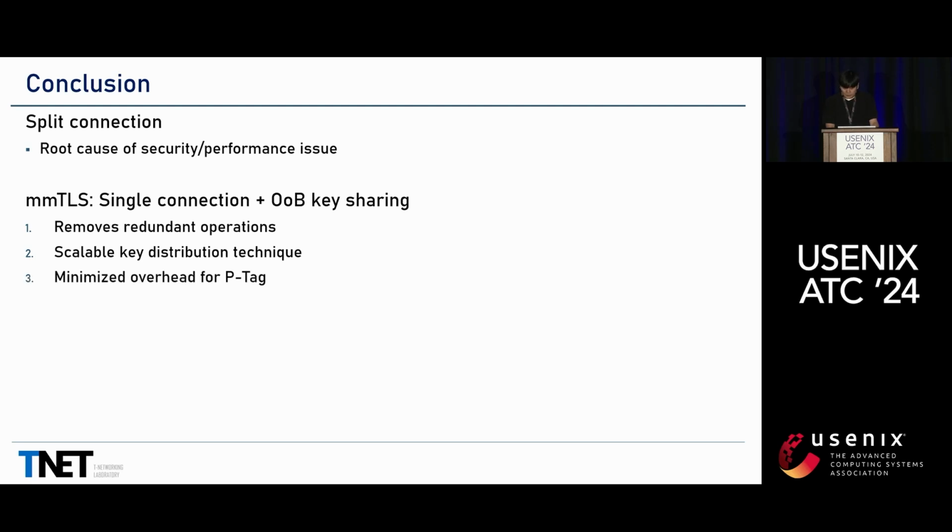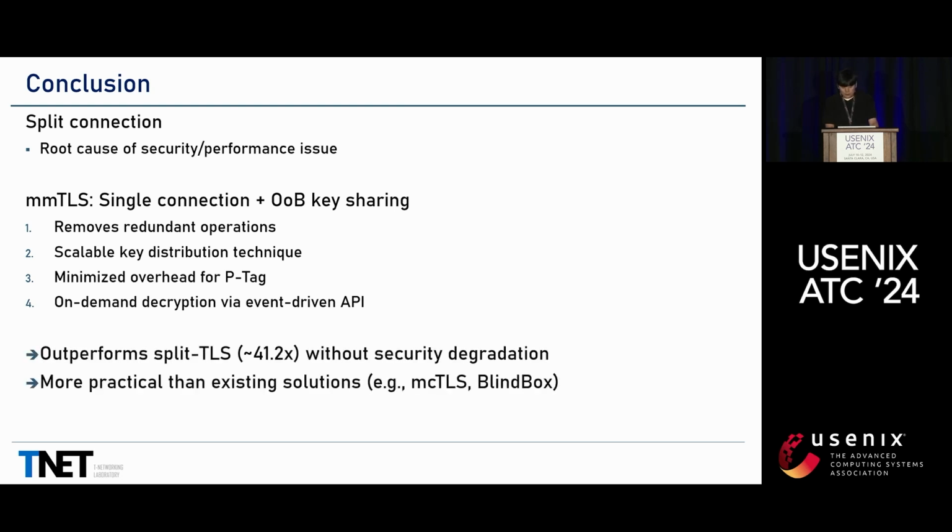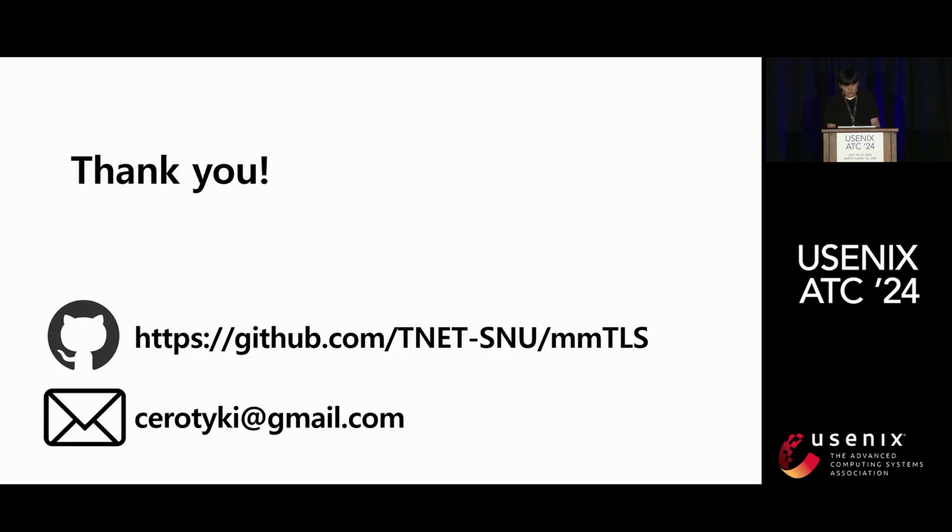And also, mmTLS benefits from an efficient private text generation technique to prevent illegal modification by the middleboxes. In addition, unlike the previous works, mmTLS provides an event-driven API and on-demand decryption for easy and efficient development. With such techniques, mmTLS outperforms the baselines without any security degradation. So if you want to develop your own TLS middlebox, please use our mmTLS. Thank you for listening.